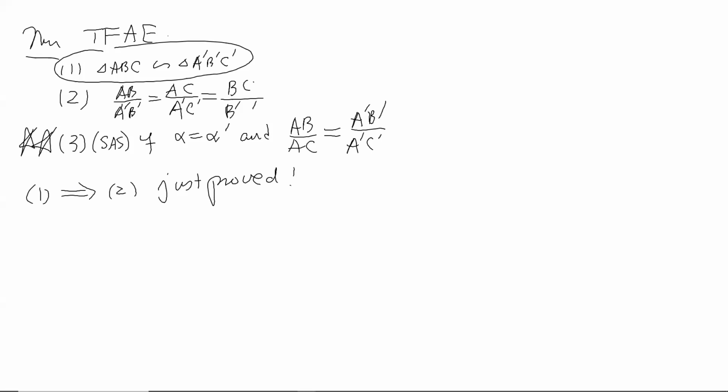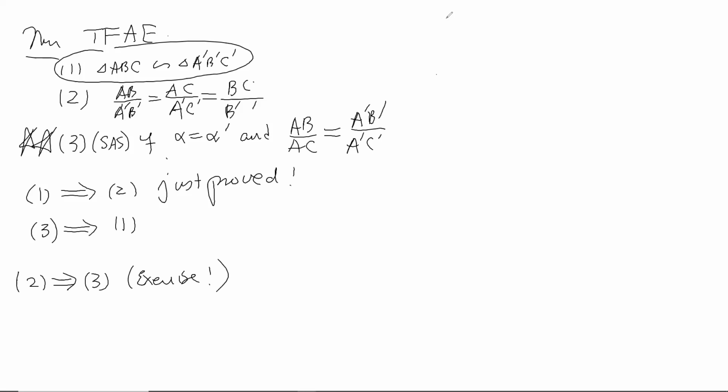Now, what we're going to do next is show that 3 implies 1. And 2 implies 3 will be left to you as an exercise. Now, 3 implies 1 is important. This is the one which we really want.